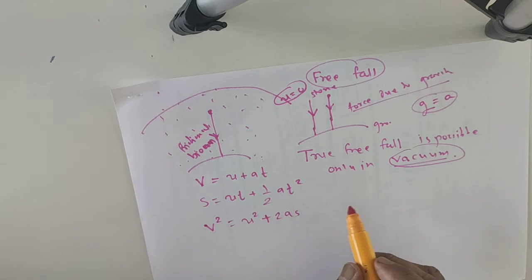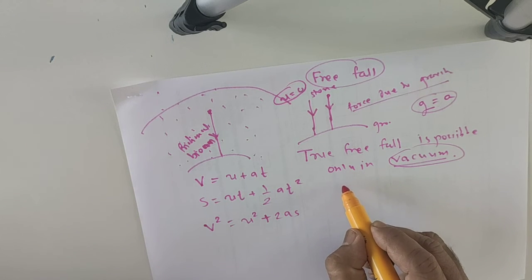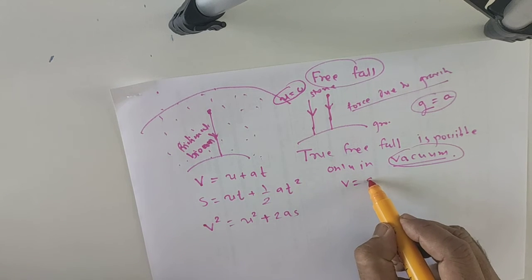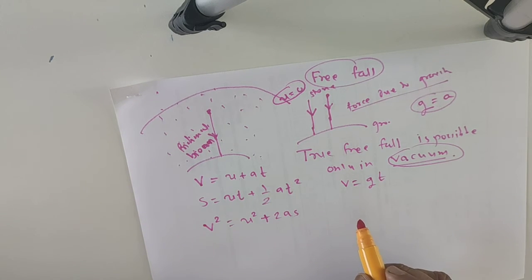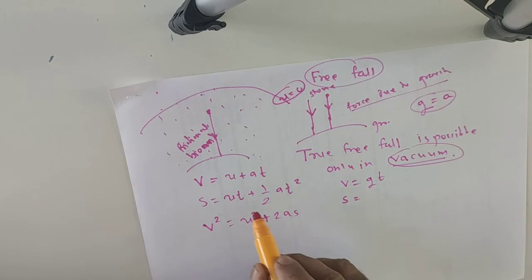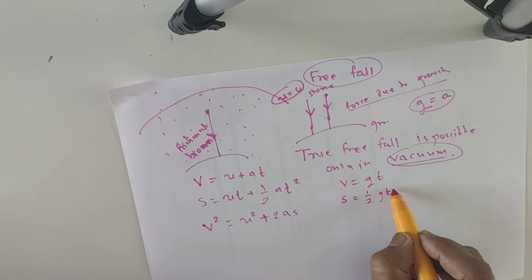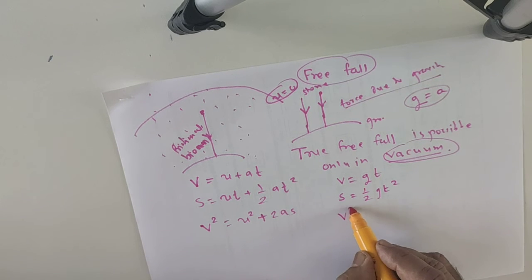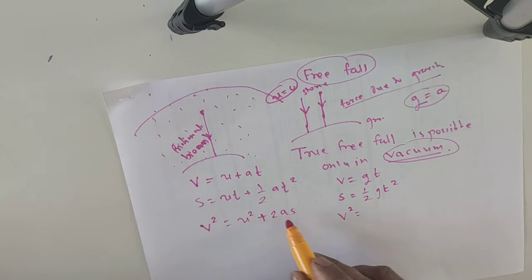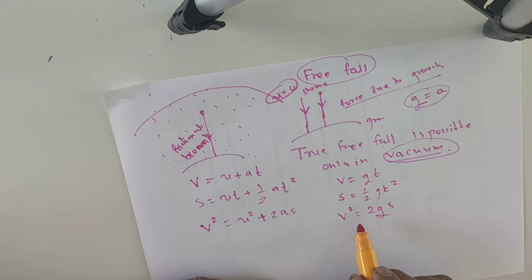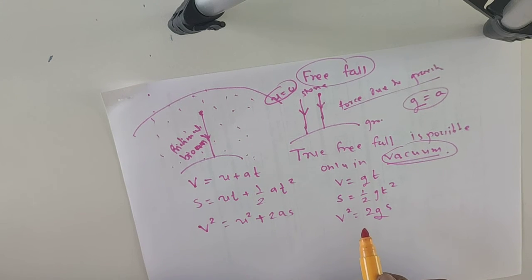Then these equations convert into v is equal to gt, s is equal to half gt square, and v square is equal to 0 square plus 2gs. This is about free fall and equations of motion.